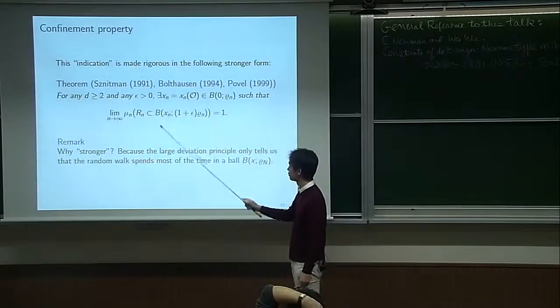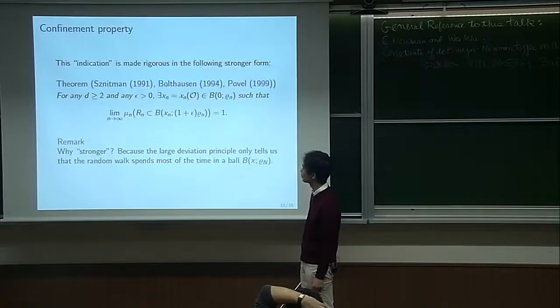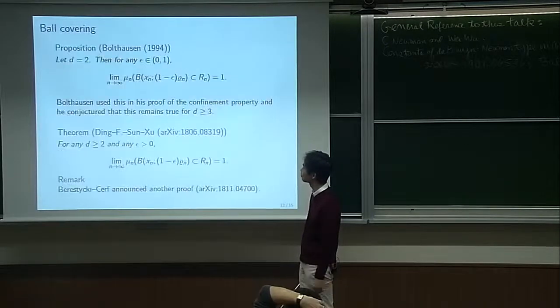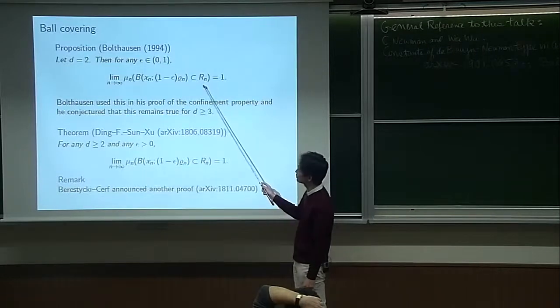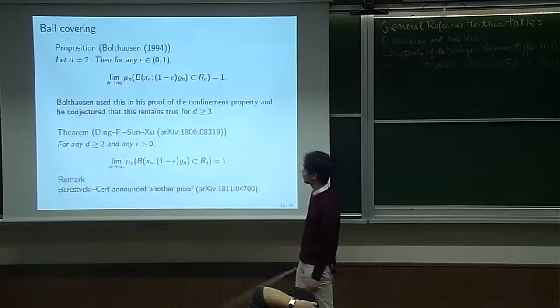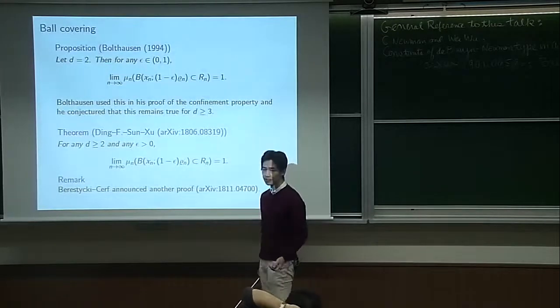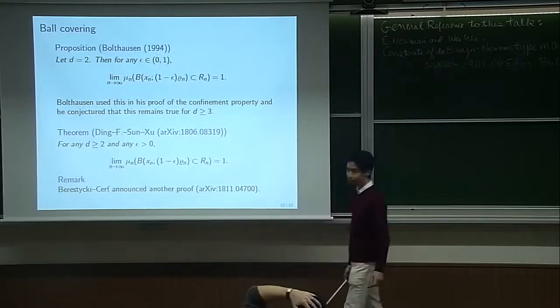So the random walk is confined in the ball, and maybe it's natural to ask what happens for the other direction. And that was done by Bolthausen. Bolthausen is one of the people who proved this in the 2-dimensional random walk setting. He actually proved the other direction of the inclusion because he needed that in his proof.